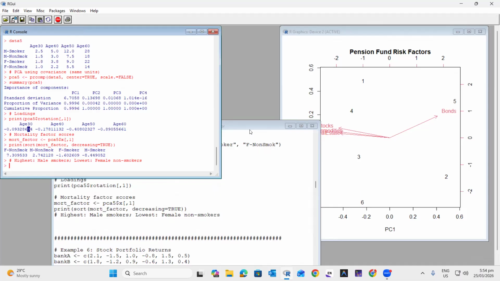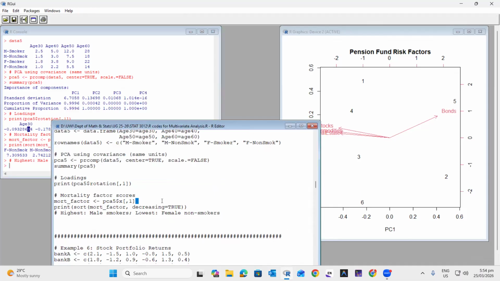So the female non-smoker has the highest PC1 score, which means it has the lowest mortality, and male smokers have the lowest PC1 score, which is interpreted as the highest mortality. This matches the expectation: female non-smokers have the lowest mortality rates across all ages, and male smokers have the highest. All right. So this is your fifth example.